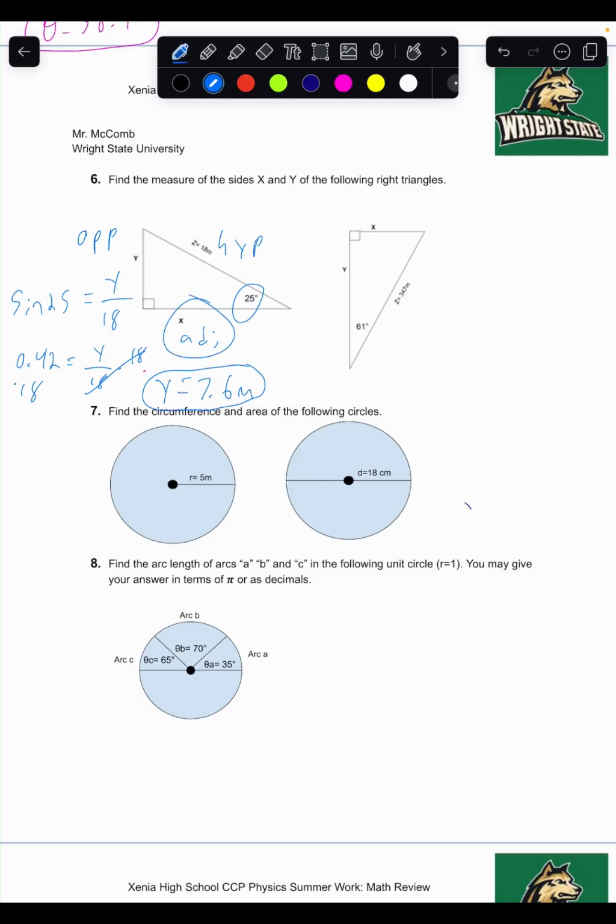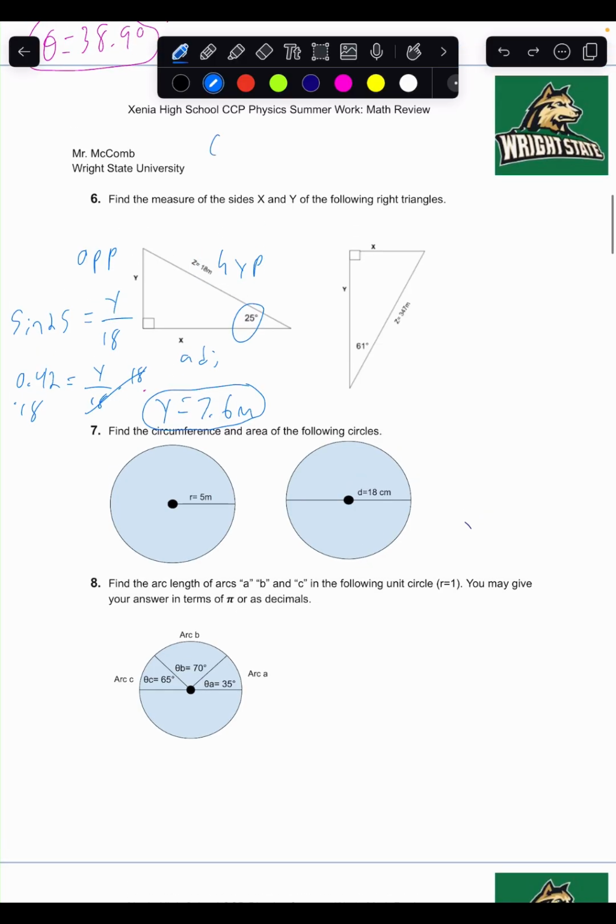And for x, same deal. That's my adjacent, that's my hypotenuse. It's going to be the same process, but with cosine, right? So I can say cosine of 25 degrees equals my adjacent over my hypotenuse, which is x over 18. Cosine of 25 degrees is going to be 0.91. 0.91 equals x over 18. Multiply both sides of this by 18.